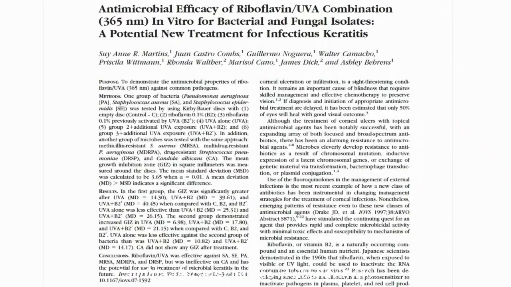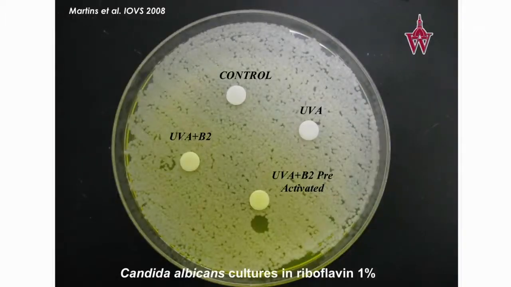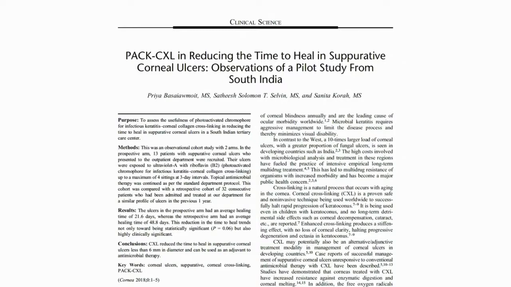There are some preclinical studies, also the first ones from the Wilmer group, that did not show the same response that we had with bacteria. So we needed to increase the exposure or the concentration of riboflavin to observe some response to this treatment for fungi.